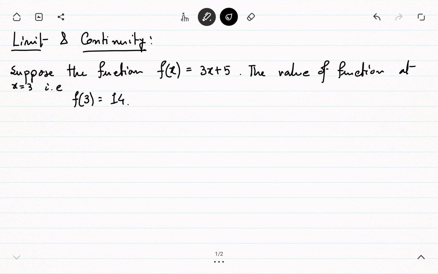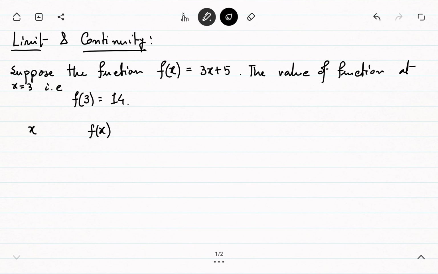If we want to know the behavior of the function when x is near 3 but not equal to 3, how could it be? So let us make a table: this is our x, and this is our f of x.